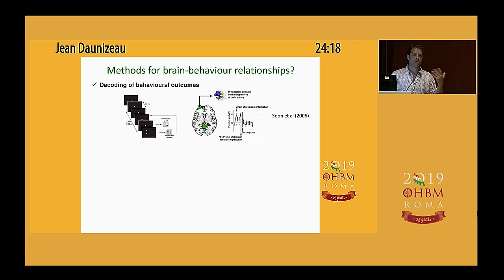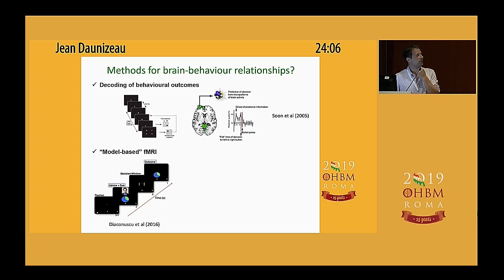There is no notion of what is the experimental paradigm that was used to elicit the behavior itself. And this is another type of technique that has been used widely now, model-based fMRI. So in that example, this is a study from the TNU, the Translational Neuromodeling Unit at ETH in Zurich.